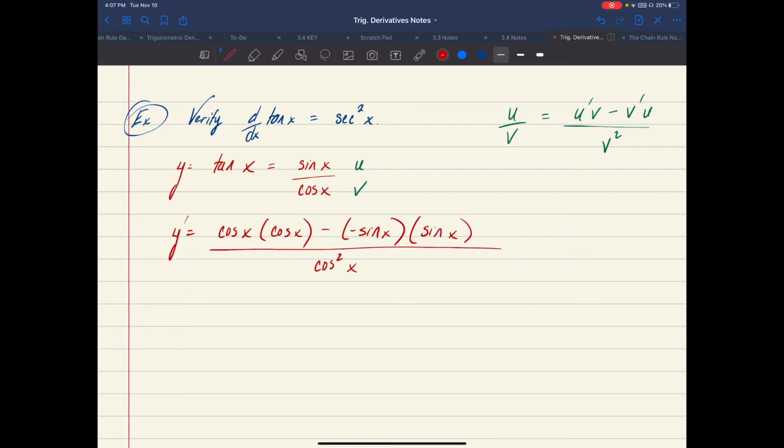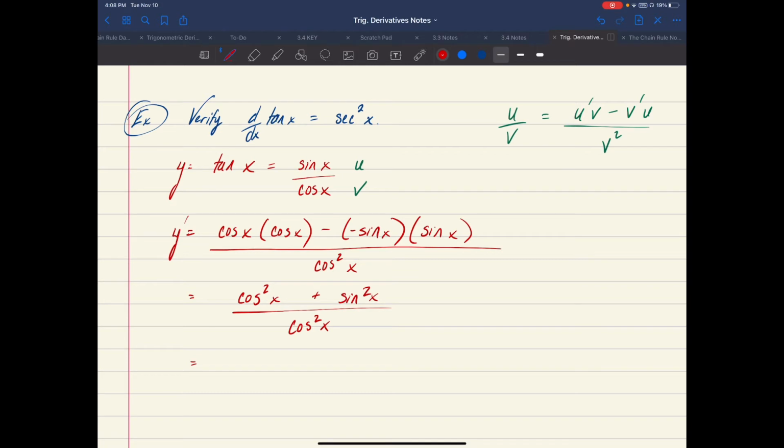Now we simplify. This needs to match secant squared x, so we get cosine squared x plus sine squared x over cosine squared x.